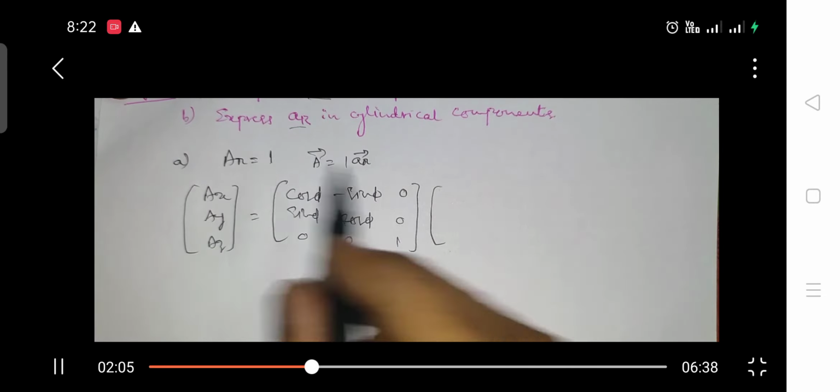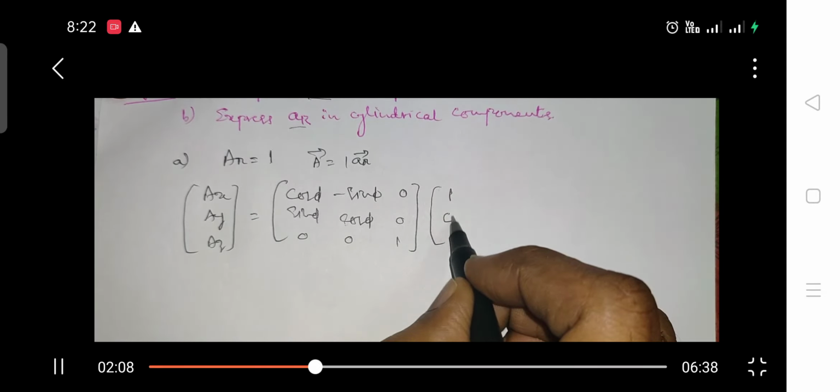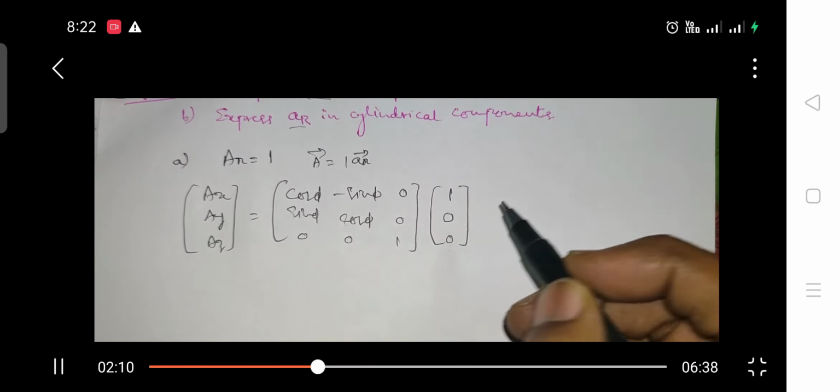Here we have only one component, the AR component, and the A phi and AZ components are 0, right?